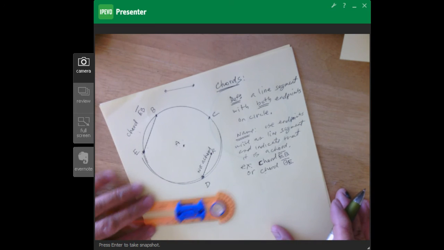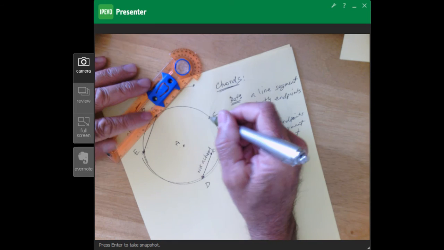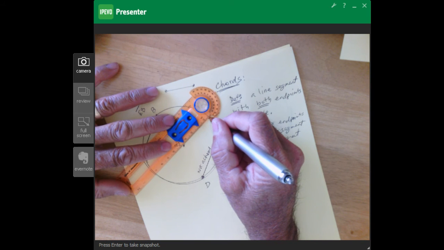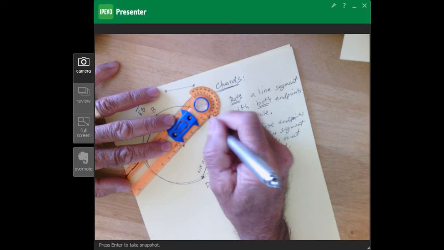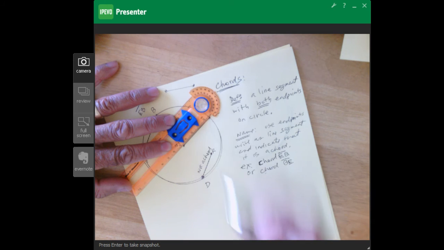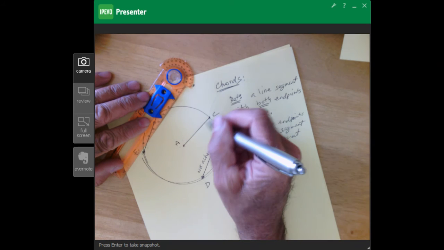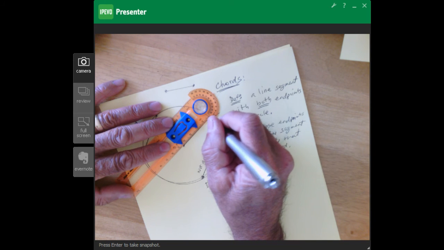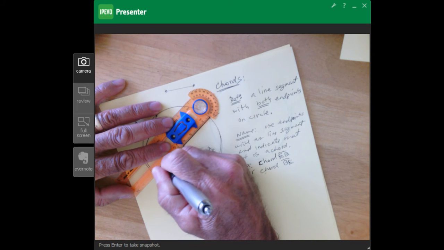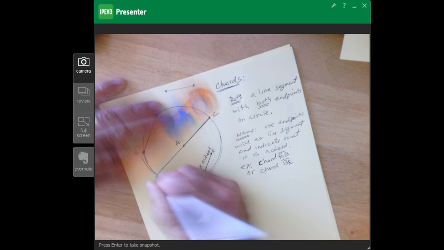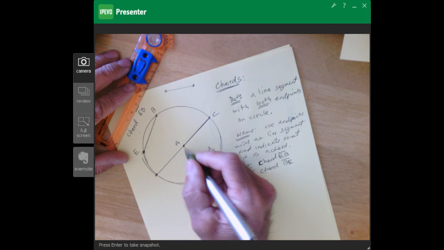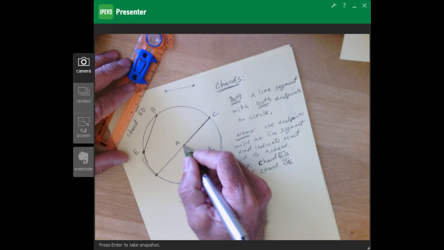There's another type of chord. Now, let's say, for instance, it starts at C and passes through A. Okay. Now, at this point, that's a diameter. I mean, a radius, right? It goes from the center to the outside. Here, it goes from one side of the circle to the other side of the circle, and the important key is that it passes through the center.